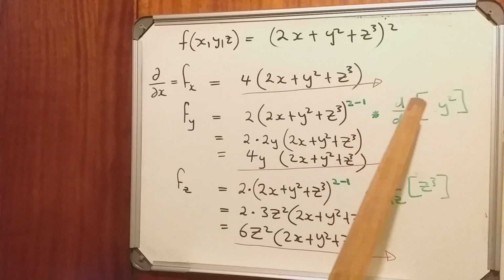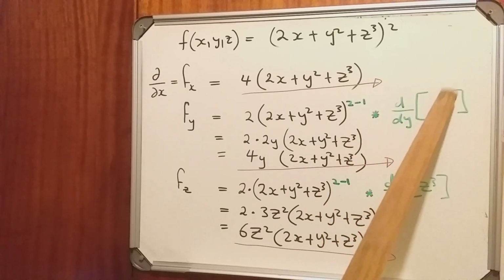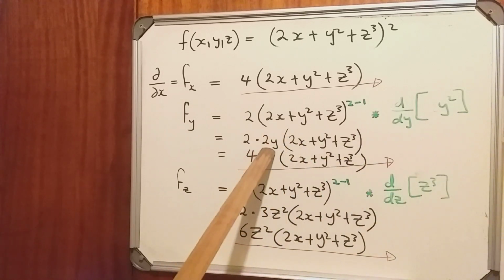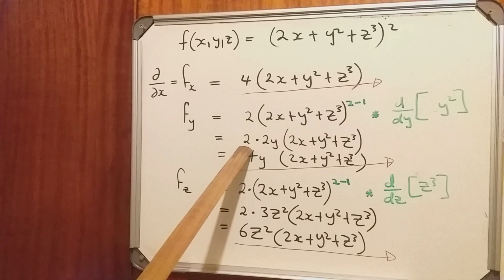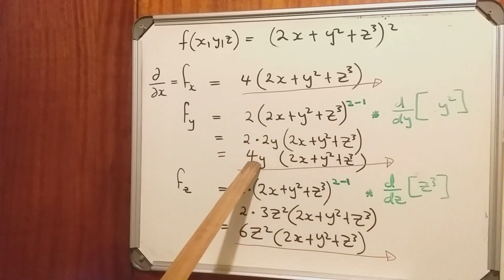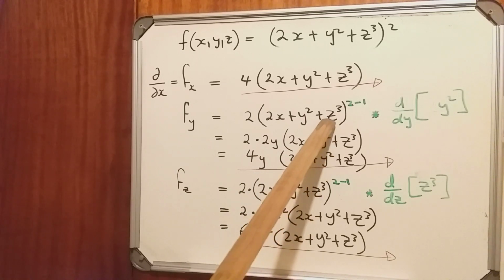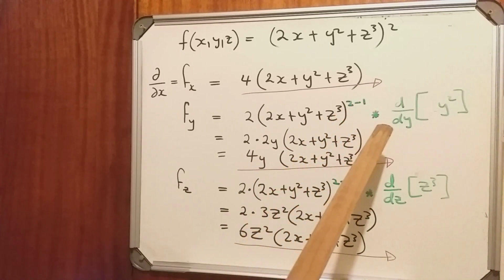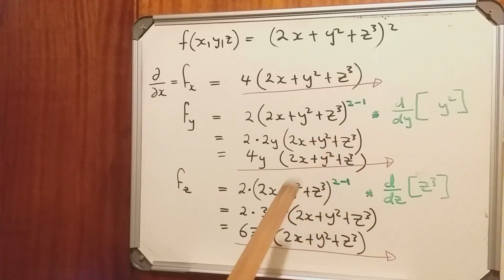So we are differentiating y squared, which gives 2y. So 2 times 2y gives you 4y, times the whole bracket. 2 minus 1 is just 1, and any number to the power 1 stays the same.